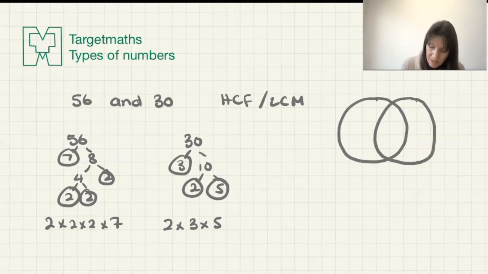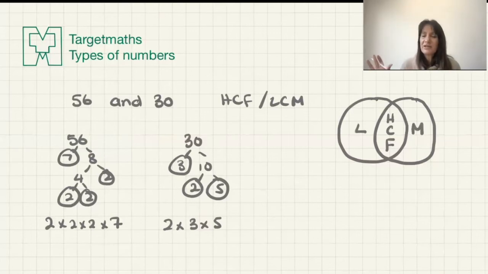Okay. We've got the highest common factor in that middle section. So if I'm being asked to find the highest common factor, I look at the numbers in that middle section. The lowest common multiple is literally everything in the diagram, all sections, okay? So that's how the Venn is going to work.